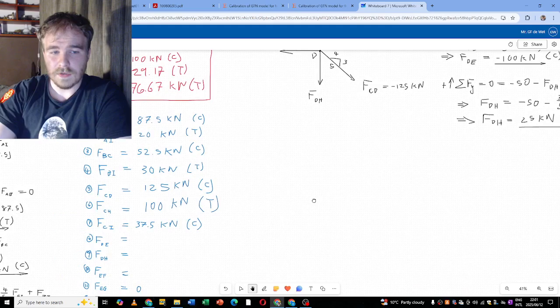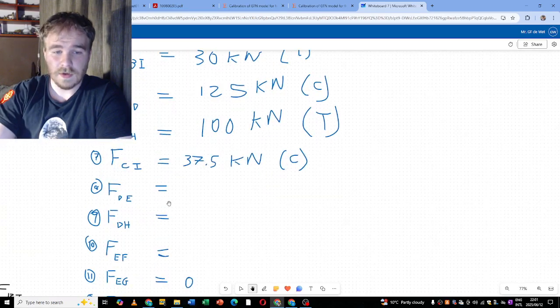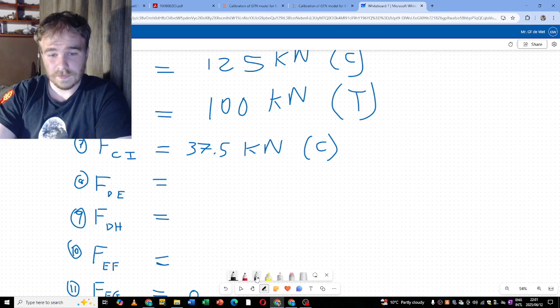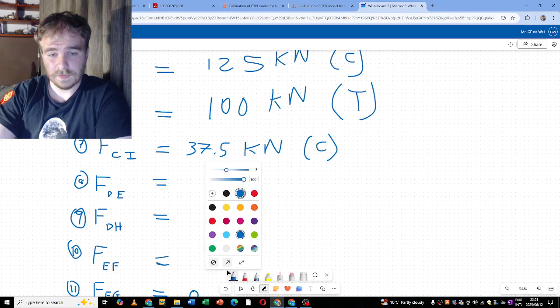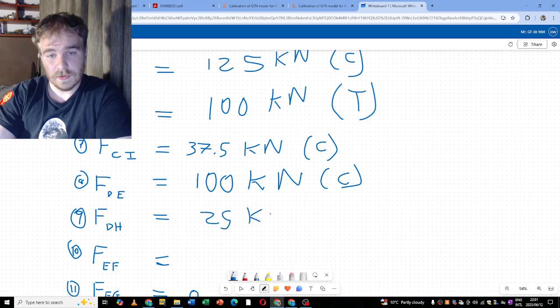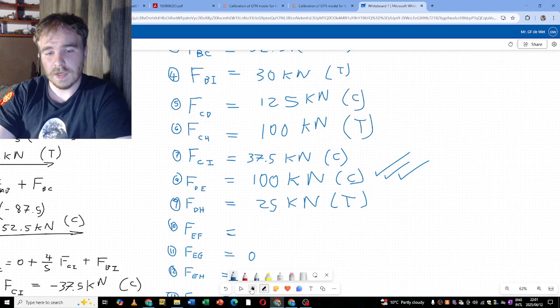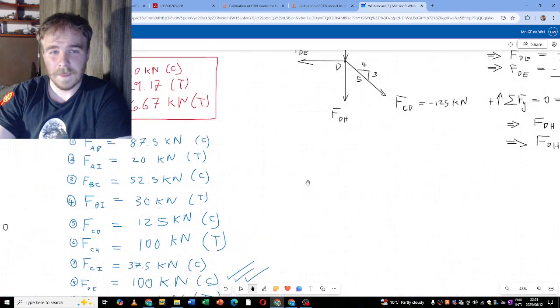Okay, let's go write these guys in. So the first one is 100 kilonewtons in compression, and this one is 25 kilonewtons in tension. And this value is exactly the same as we got last time, so I'm really happy about that.